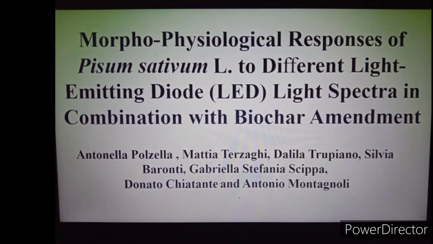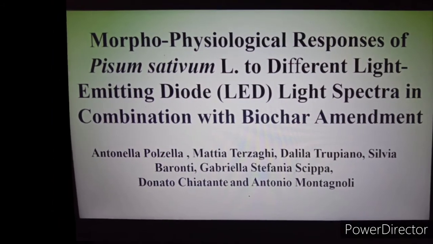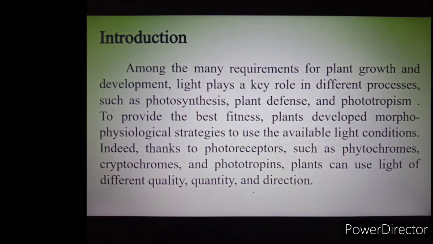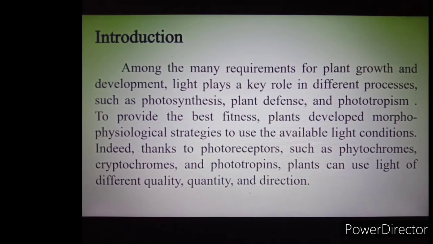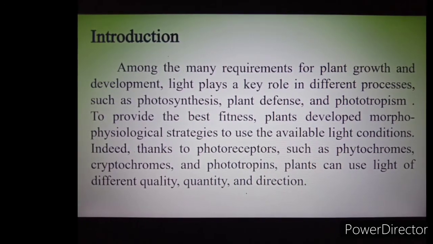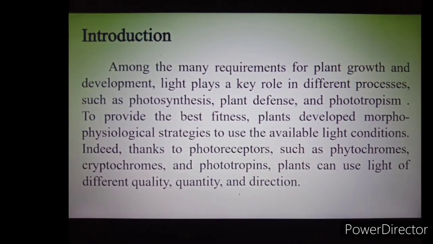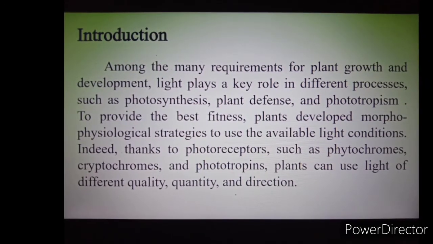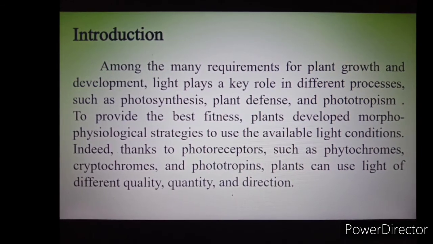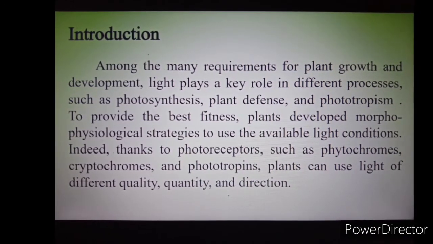And now, let us proceed to our introduction. Among the many requirements for plant growth and development, light plays a key role in different processes such as photosynthesis, plant defense, and phototropism.